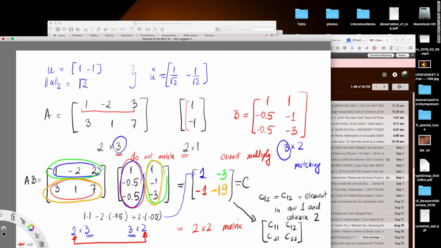So I could have a much larger matrix, could be a matrix of 20 by 31. And my element in the 19th row and 21st column, which is C1921, is the dot product of row 19 in A and column 21 in B. So my general rule for this multiplication, and the reason why I want to state it in general terms, is that I need to later on know how to program it.